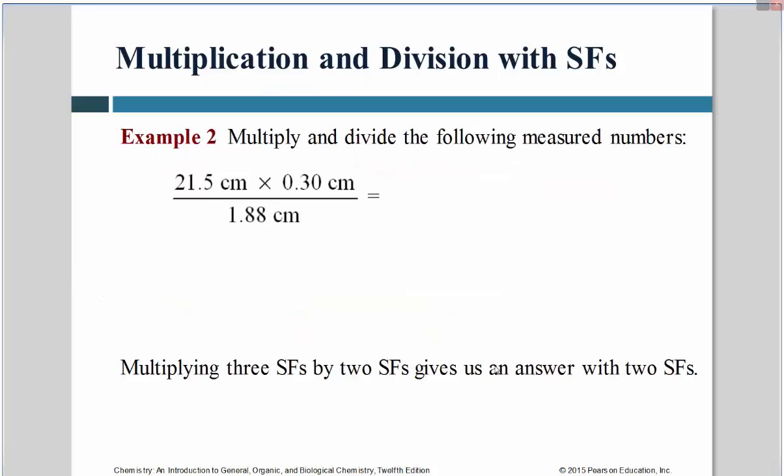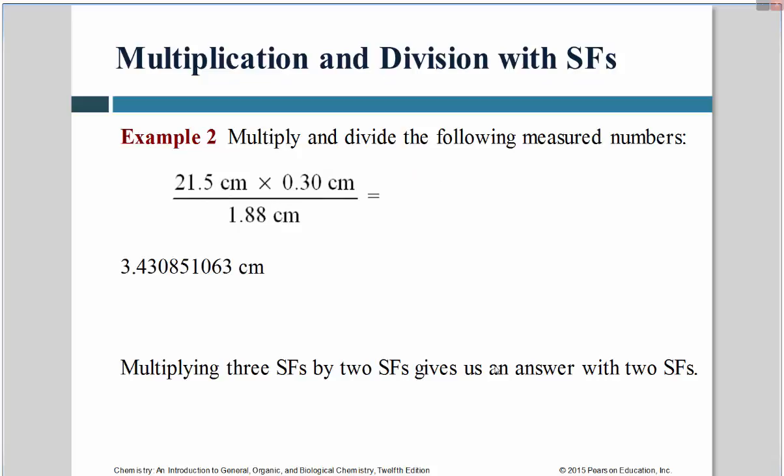All right, so let's do another one. We have a multiplication and a division here. First thing you want to do is figure out how many significant figures are in each individual number. Here we have 3, here we have 2, here we have 3. Look at all of them, and you notice that 2 is the smallest amount of significant figures.